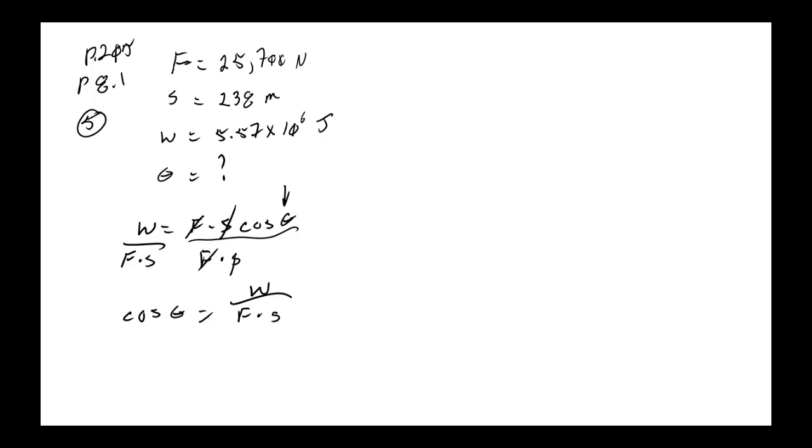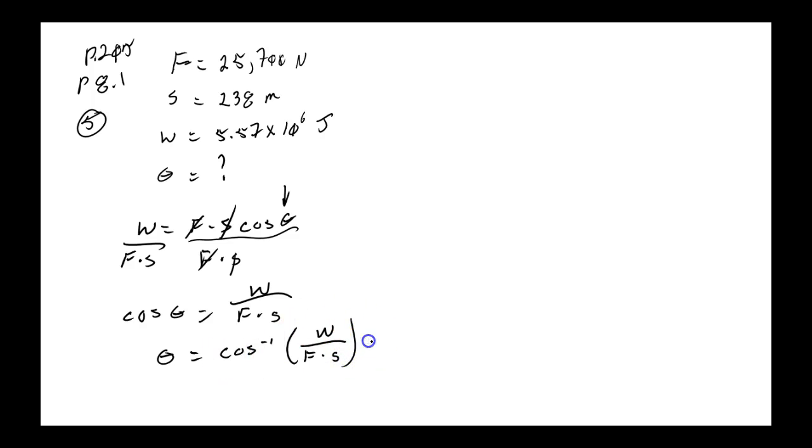Now, here's how you actually write it. You undo the cosine by that inverse cosine. So it'd be the inverse cosine of the work divided by force times displacement.